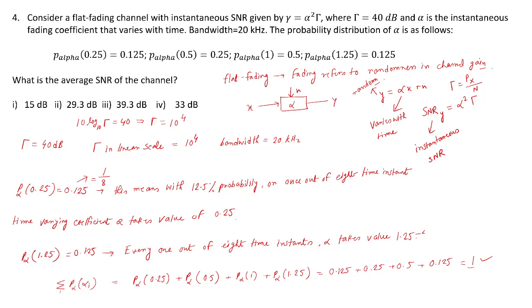So therefore there are 4 instantaneous SNRs possible. Our job is to compute the average SNR, which means we compute the instantaneous SNR for all these 4 different alpha values, and we assign these probabilities as their weights, and this weighted average of the instantaneous SNR is our average SNR.